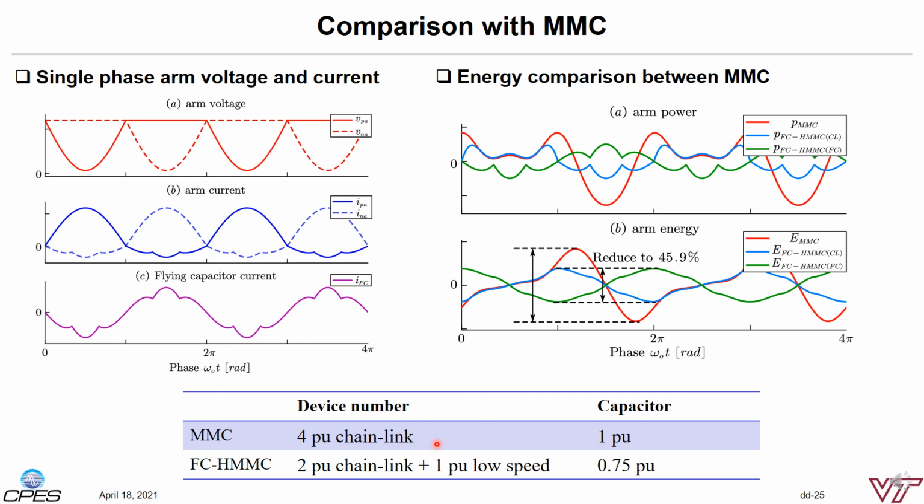We only need to put one per unit high voltage switches there to construct the circuit, so it can further reduce the cost. In addition, for the flying capacitor-based HMMC, we don't need to put any DC-link capacitors to operate the circuit.